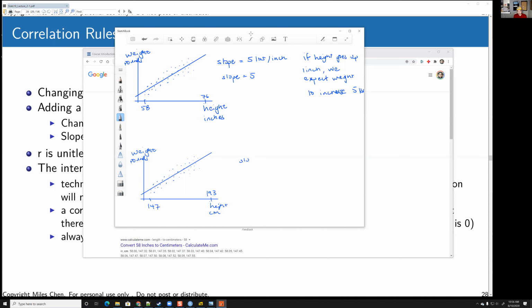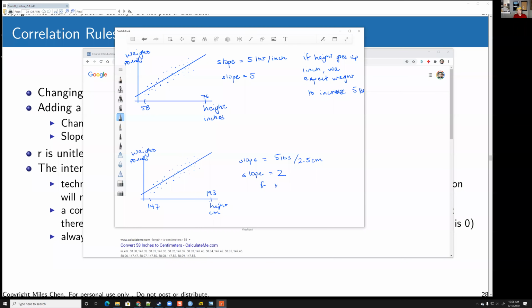We have a 5 pound increase for every 2.54 centimeters, but I'll round off to 2.5 centimeters. So here my slope is going to be equal to 2. I have a much more shallow slope.